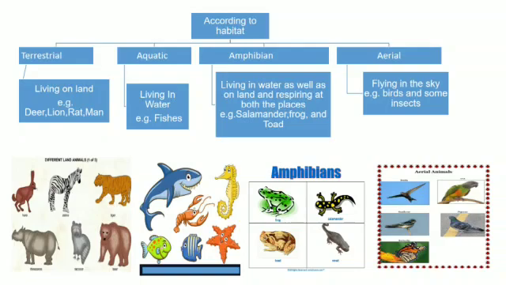Animals living in water as well as on land and respiring at both the places are called amphibian animals. For example, salamander, frog and toad. Whereas animals flying in the sky are called aerial animals. For example, birds and some insects.